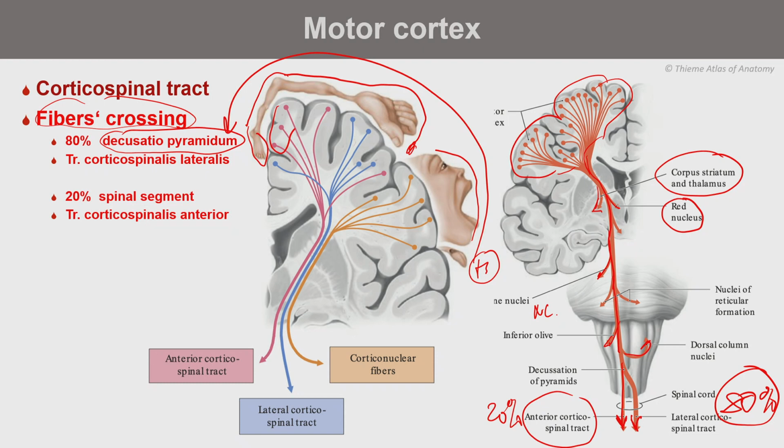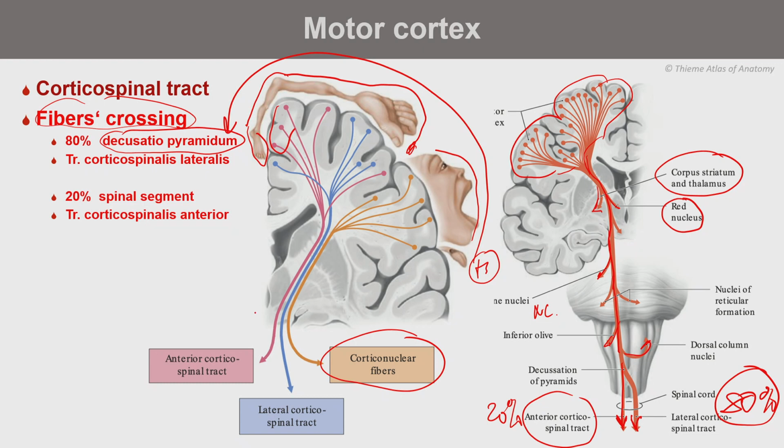Then also, for example, for the tongue, it is the 12th nerve, hypoglossus. So they are corticonuclear fibers. Those corticonuclear fibers divide at the level of the brainstem and form the tract only in the capsula interna.